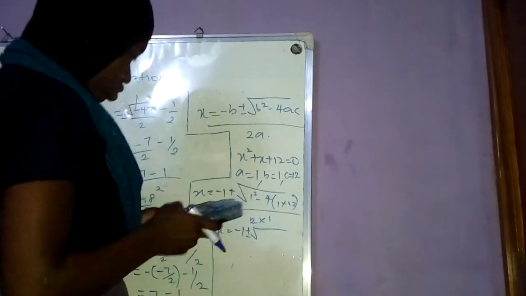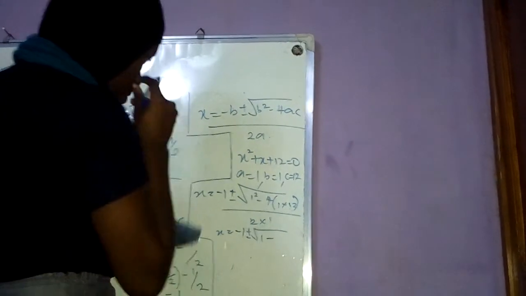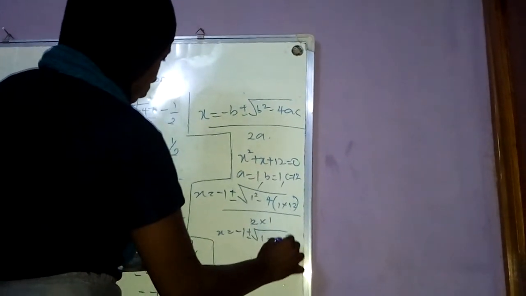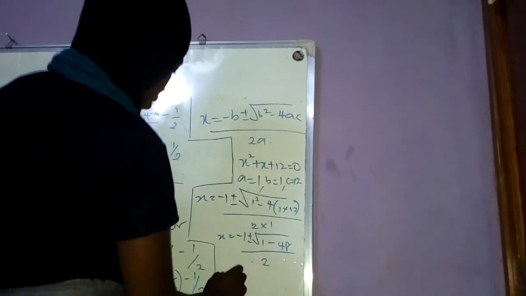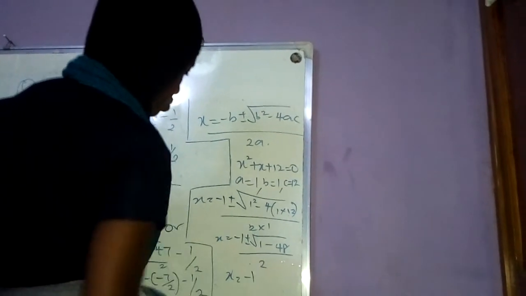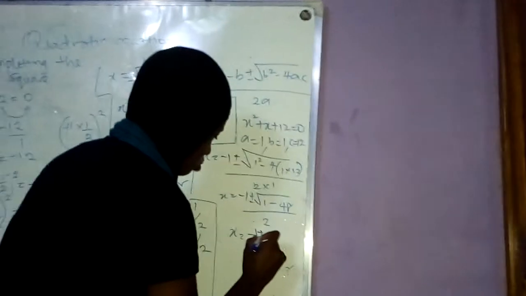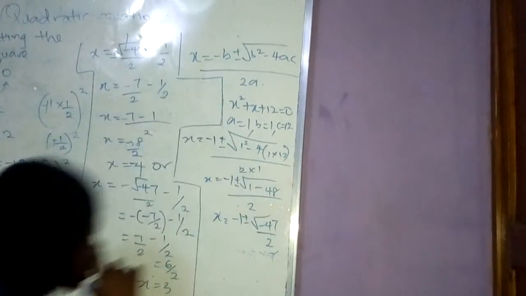Let me use my calculator, plus or minus first. 1 minus 48 over 2. x is equal to minus 1 plus or minus 47 over 2.